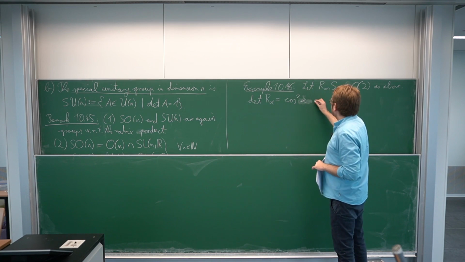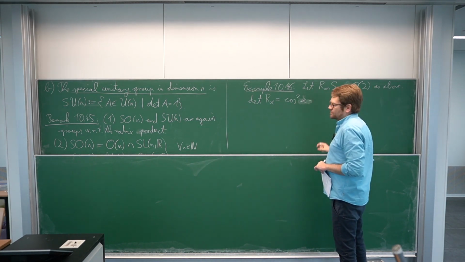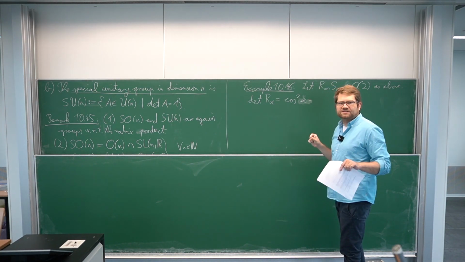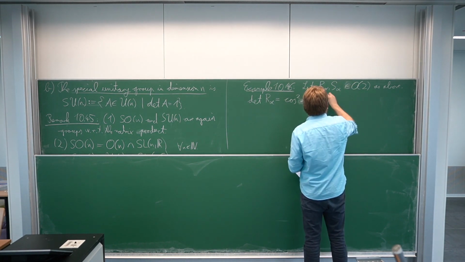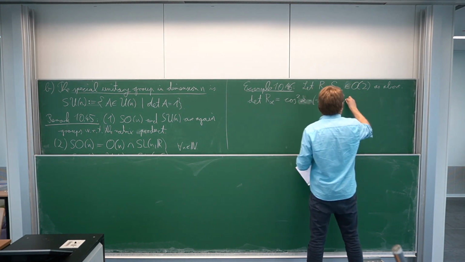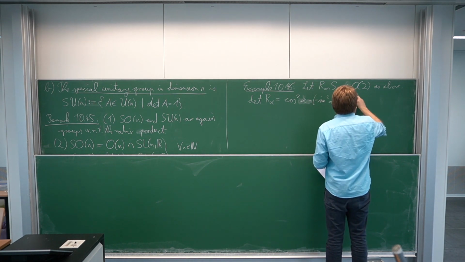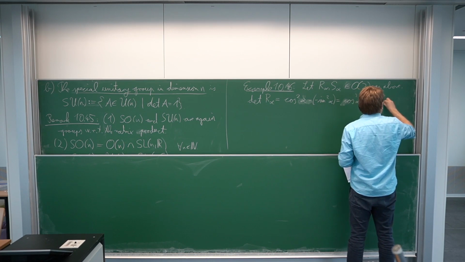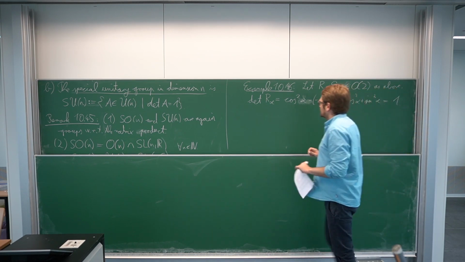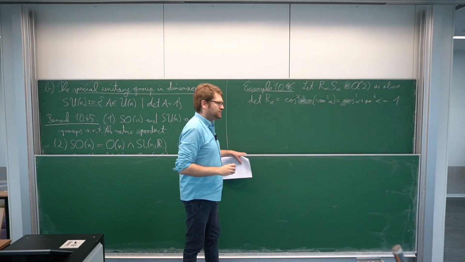Now we take minus the product of the other two entries, and we had minus sine alpha and plus sine alpha, so this would be minus sine squared alpha. So we get cosine squared alpha plus sine squared alpha, which is 1. So these are special orthogonal matrices.